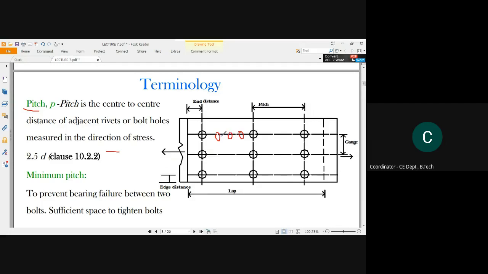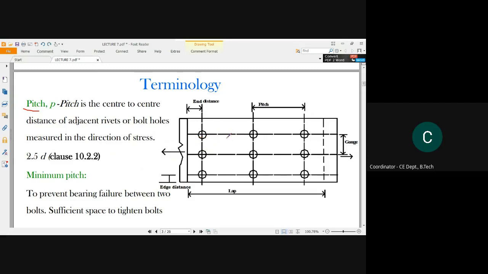The holes will not be able to distribute the force flow in a proper way. So a closely spaced hole can make that connection or member fail.